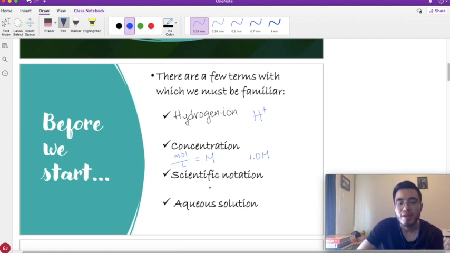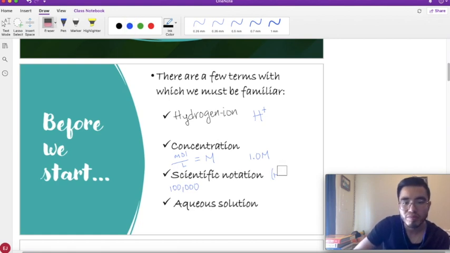That's it. Scientific notation is a tool scientists use to write numbers, either very large or very small, in a cleaner fashion, faster. For instance, let's say you have 100,000, and we want to write this in scientific notation. We need a number between 1 and 9.99.